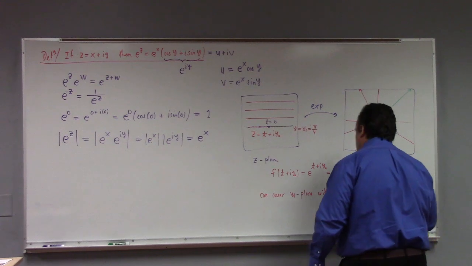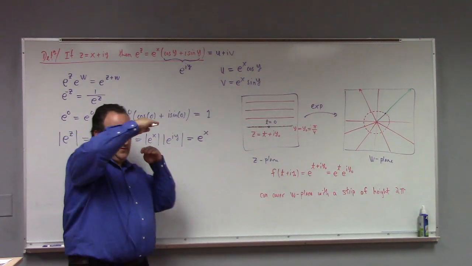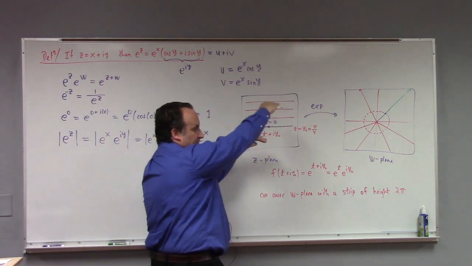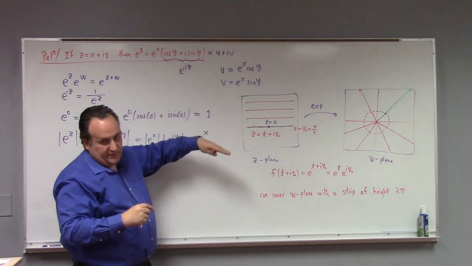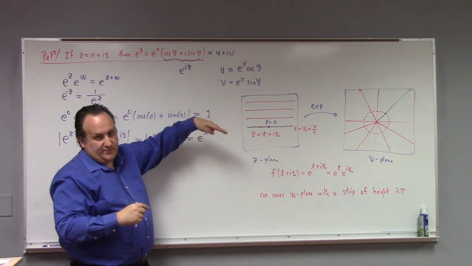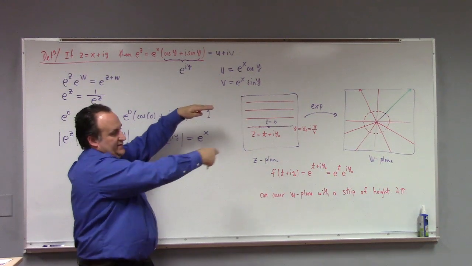That's probably the simplest way to describe it. If you have a 2 pi horizontal strip, you're going to cover the whole plane over there, because as you go vertically over 2 pi, your y naughts range from, say, 0 to 2 pi, which geometrically gets you to every possible ray.